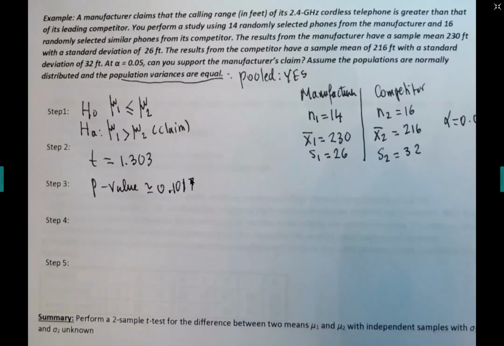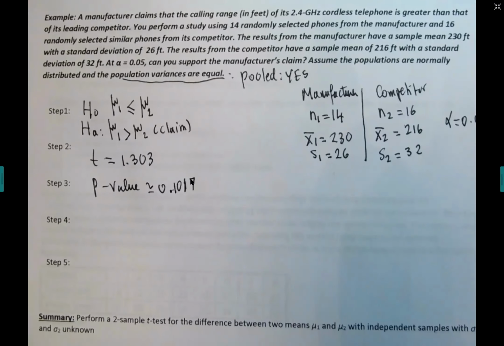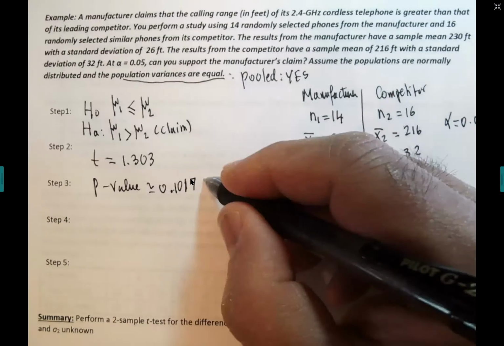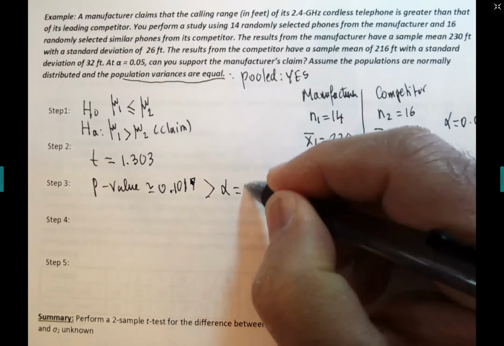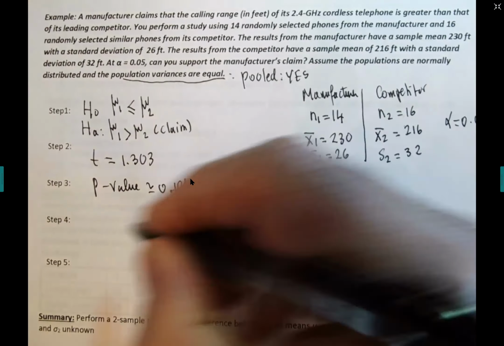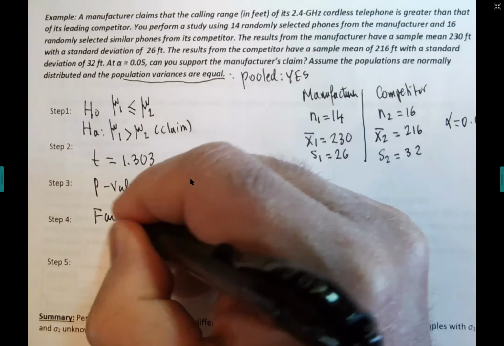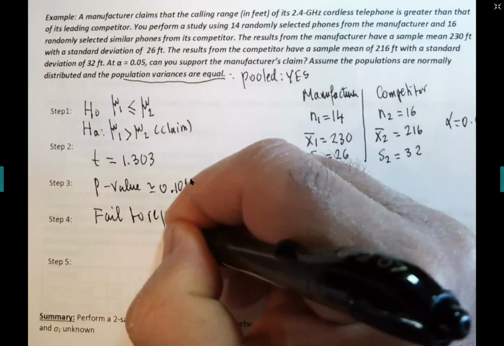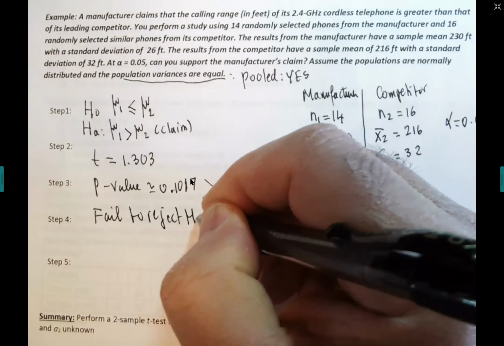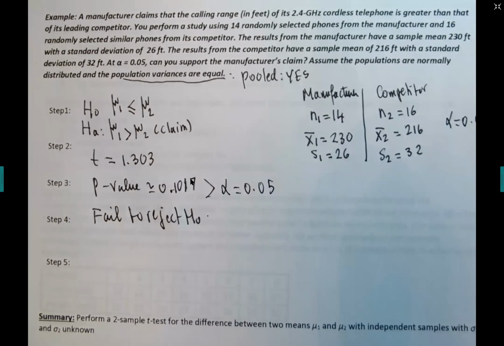As I told you, when I make up an exercise, I don't intend one way or another, but it just turned out to be this way. And you guys agree with me, this is bigger than alpha. So your decision is gonna be fail to reject H0, the null hypothesis. We cannot reject the null hypothesis.